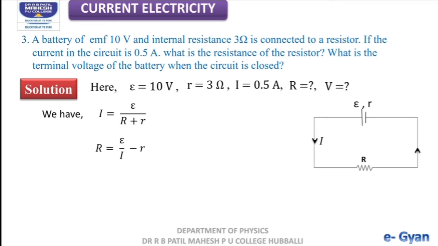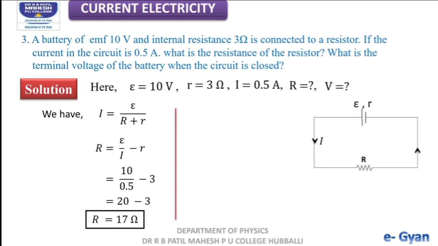Now put the value of E, I and r. We get 10 divided by 0.5 minus 3, that is equal to 20 minus 3, that is equal to 17 ohm. The value of external resistance or resistance of resistor is 17 ohm.